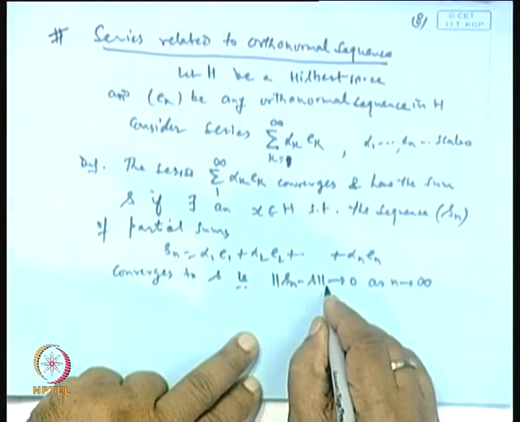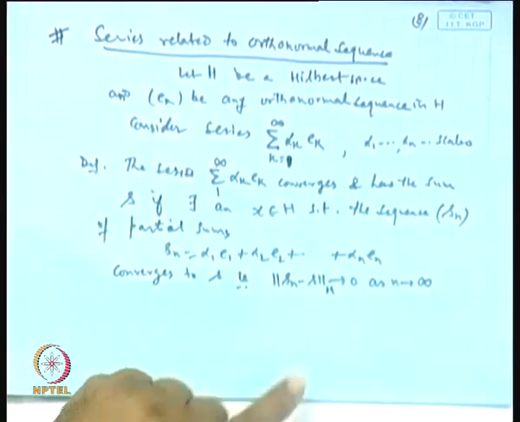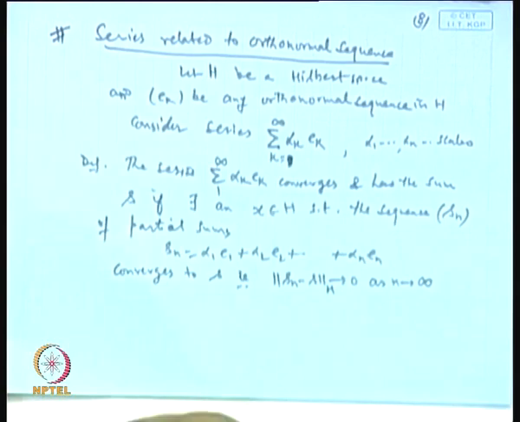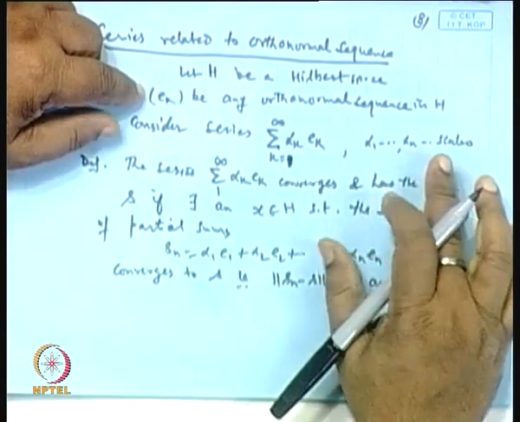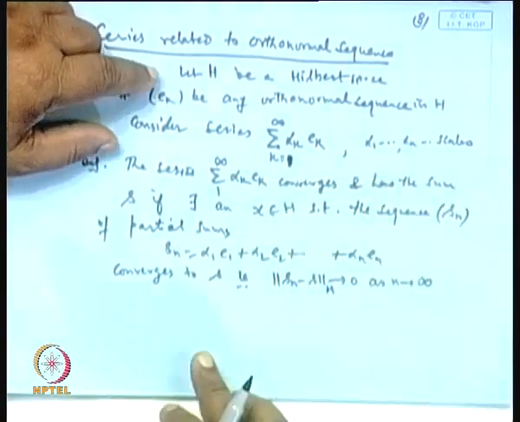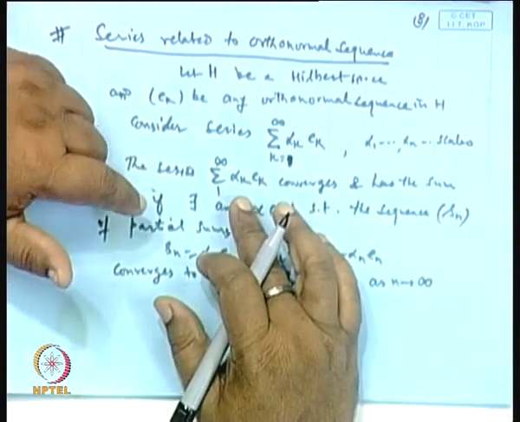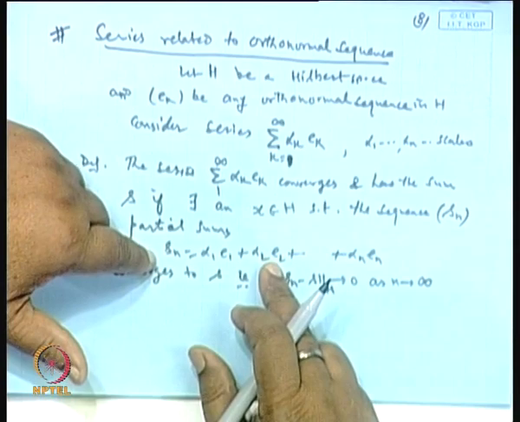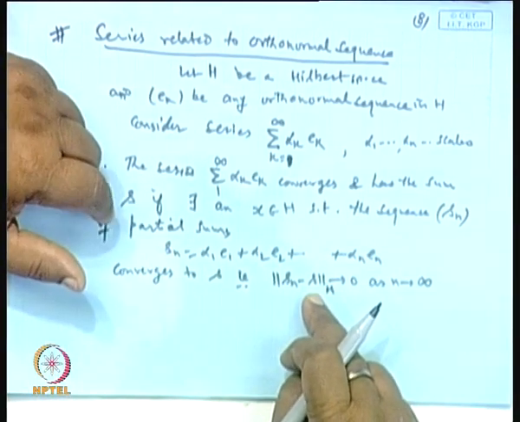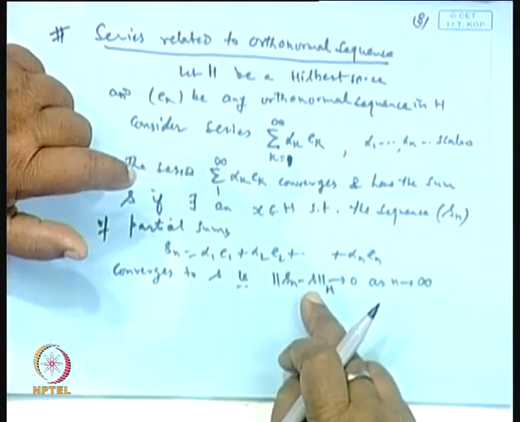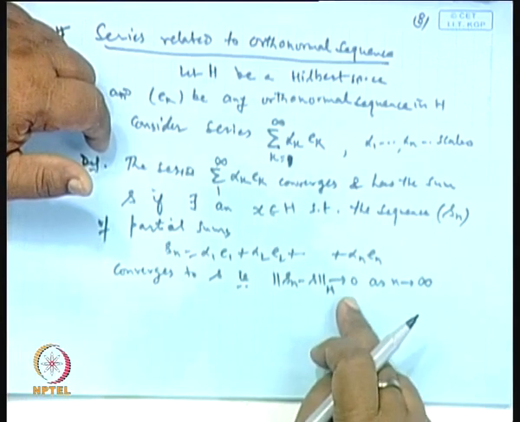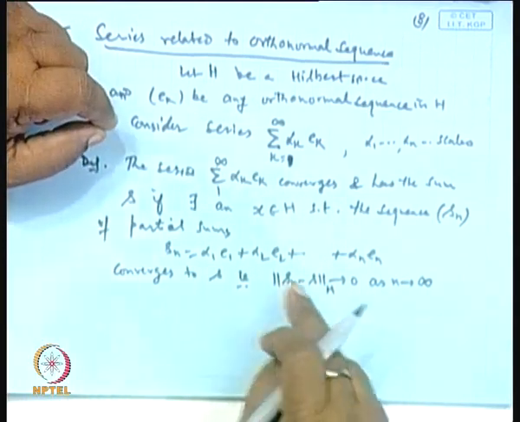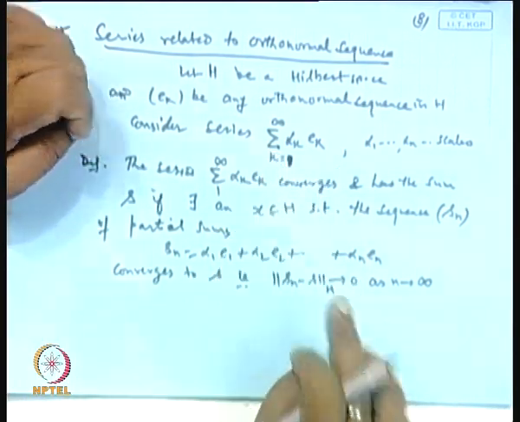This is the norm of H, because the e k are an orthonormal sequence in H. The infinite series is said to be convergent when the sequence of its partial sums goes to a value S under the norm. Then we say S is the sum of the series.